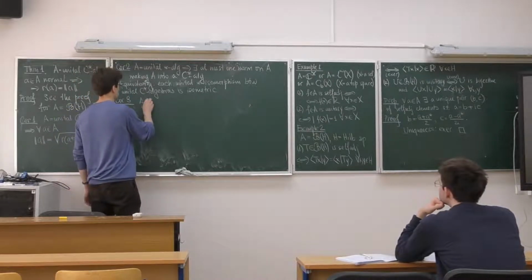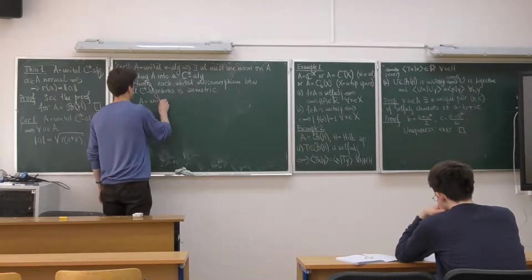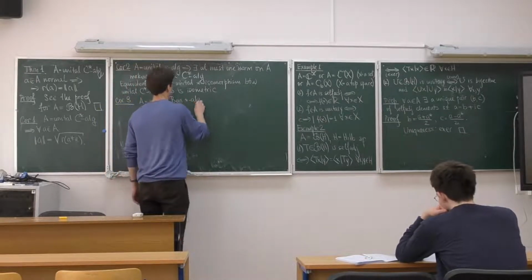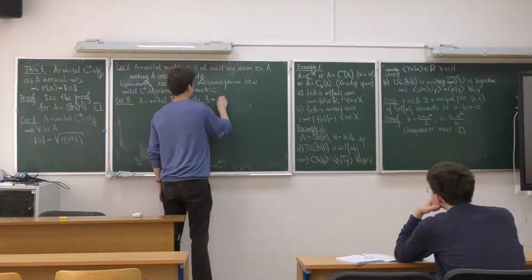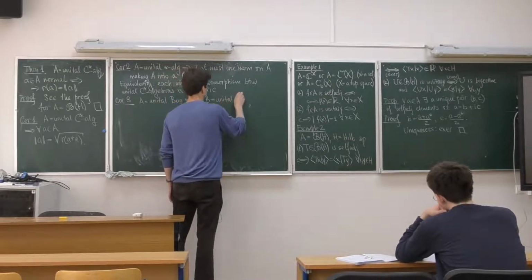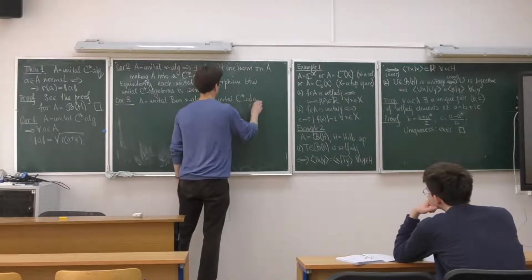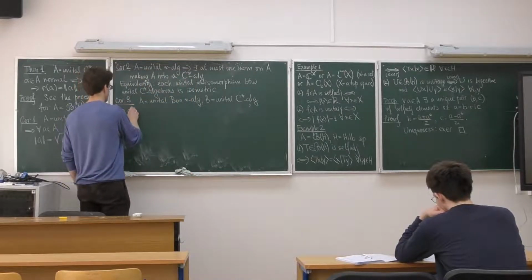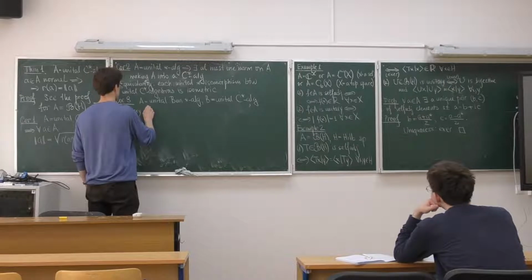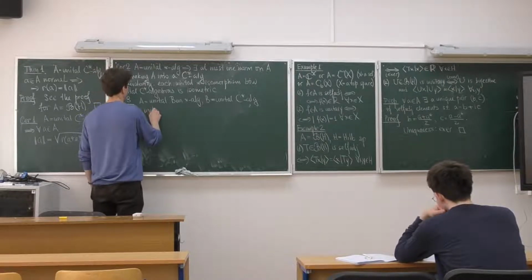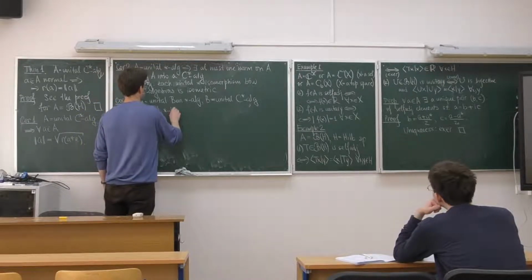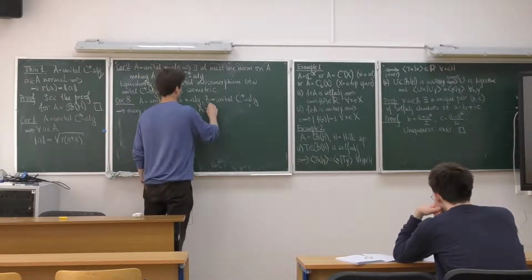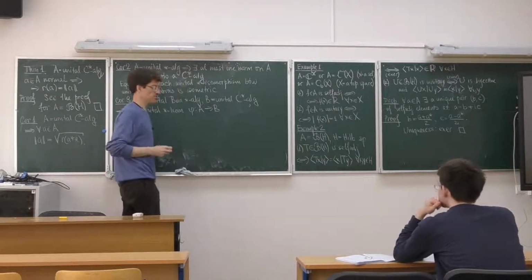Suppose that A is a unital Banach star algebra, and B is a unital C-star algebra. Then every unital star homomorphism phi from A to B is automatically continuous.